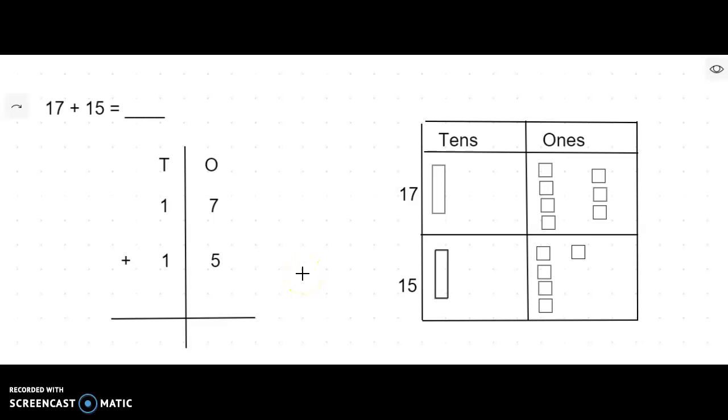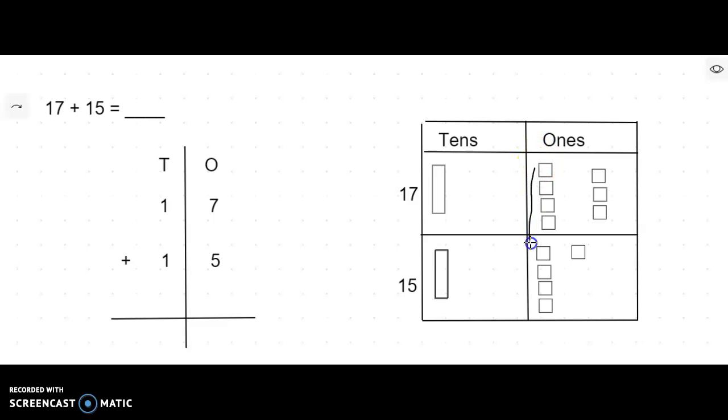We always want to add up our ones first when we're adding two-digit numbers. So let's count up how many ones we have. Ready? Okay. 1, 2, 3, 4, 5, 6, 7, 8, 9, 10.